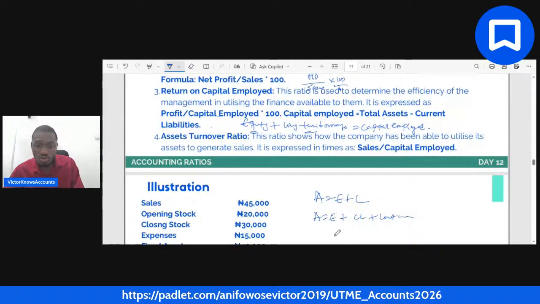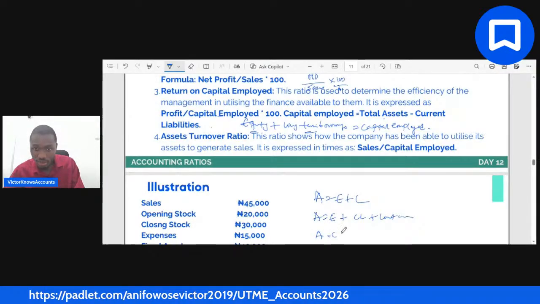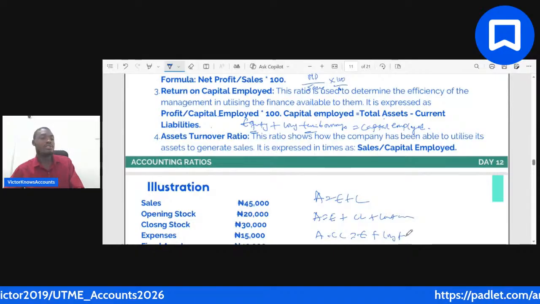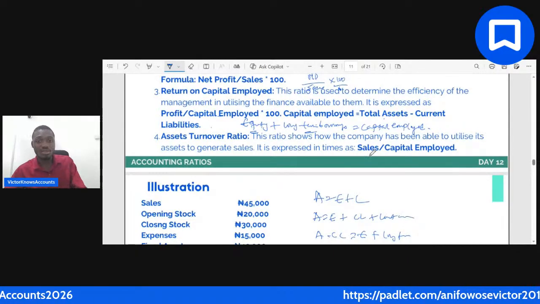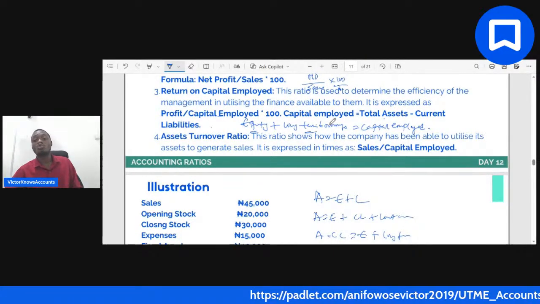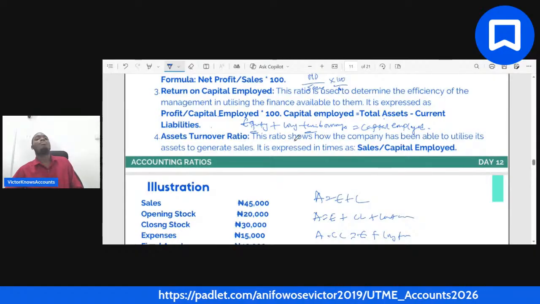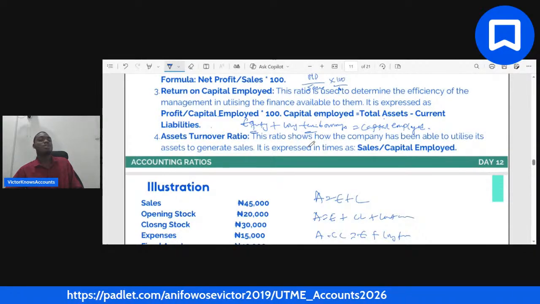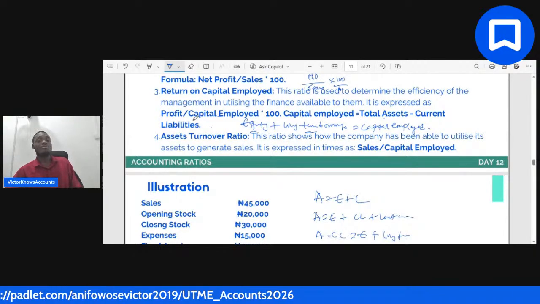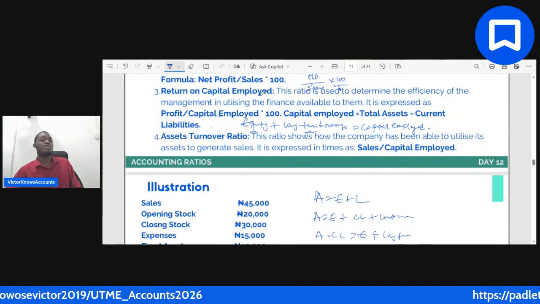By the time you do A minus CL, current liability, it will give you equity plus long-term liability. Do you understand that? So it's still the same formula. So for capital employed, just use total assets minus current liability, and then you are good. Then you divide profit by it and multiply by 100, and you have your ROCE, return on capital employed.